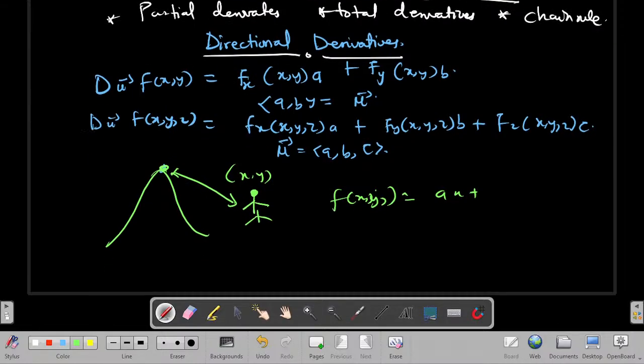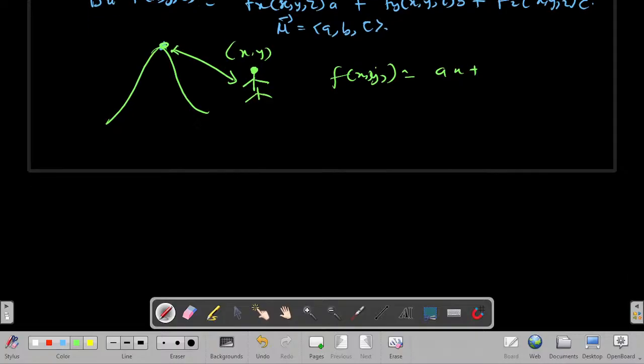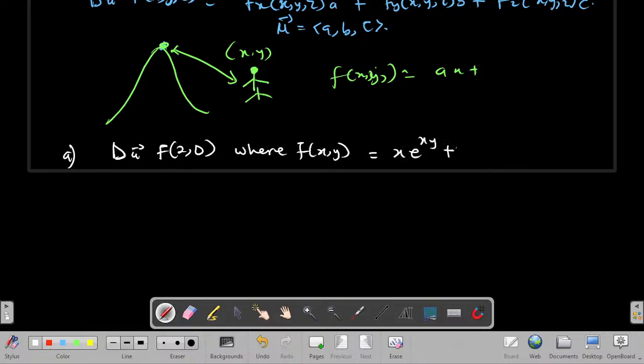So how to move along a changing function is what you are doing. Let's see an example here. I have my first example, which is D_u. When you see this notation, you should think about directional derivatives, of a function at the point (2, 0), where f of xy is equal to x multiplying e to the power xy plus y.